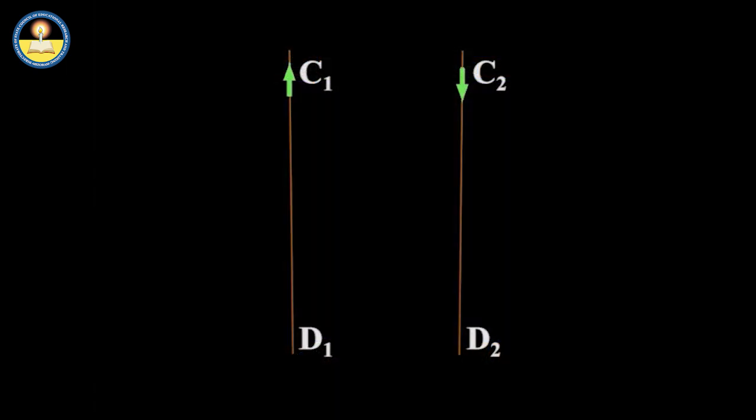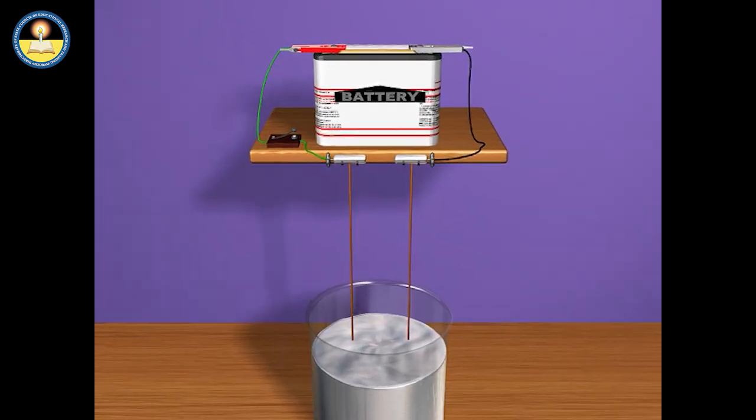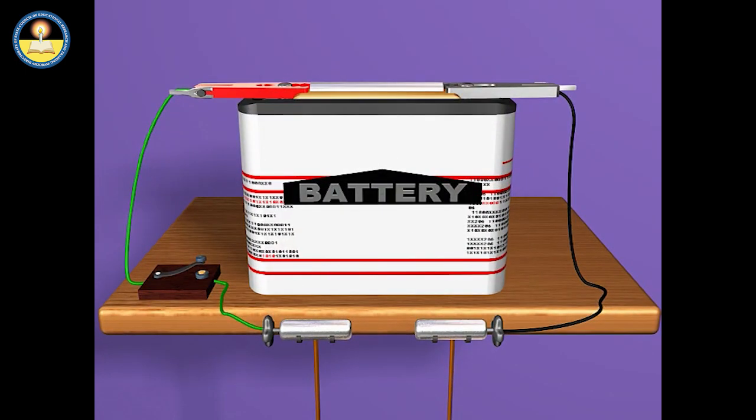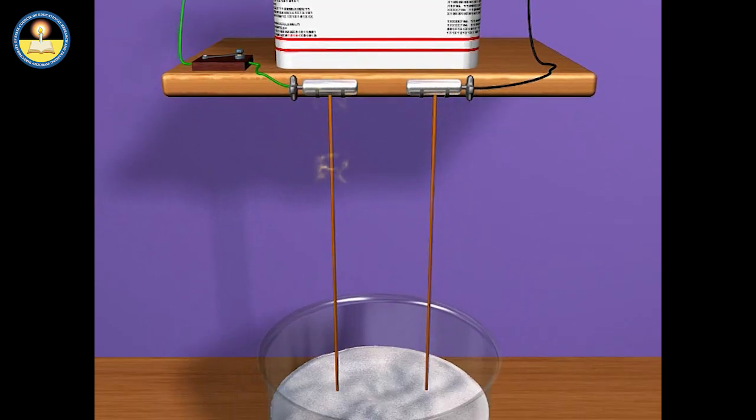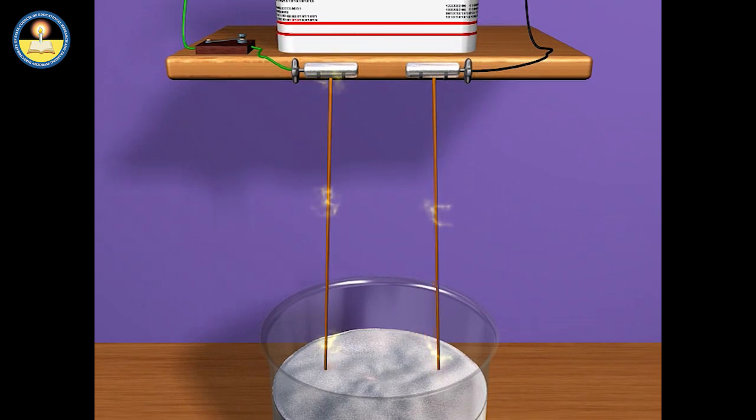If the current in conductors C1D1 and C2D2 is in opposite directions, the conductors repel each other with the same force. The same can be observed when two metallic wires are suspended vertically, parallel to each other, with their lower ends kept inside the mercury trough.